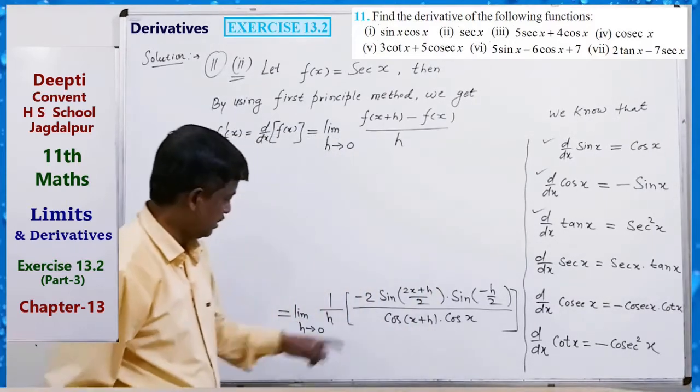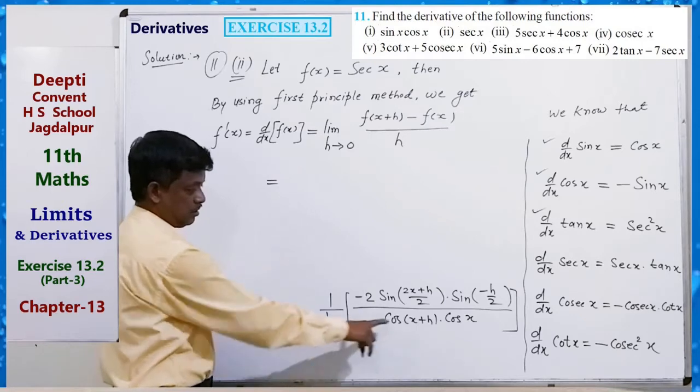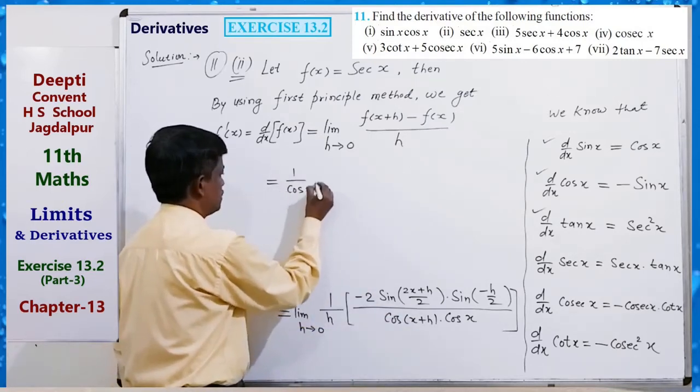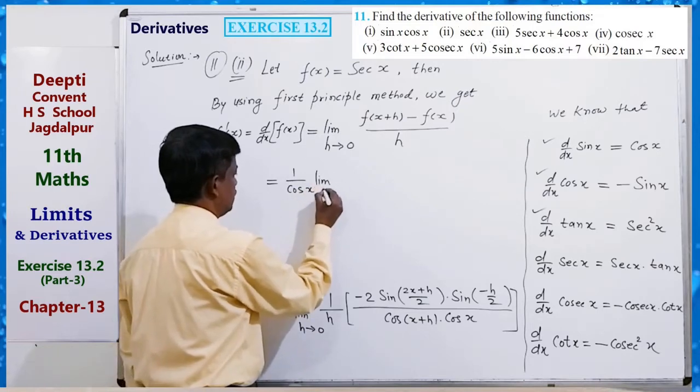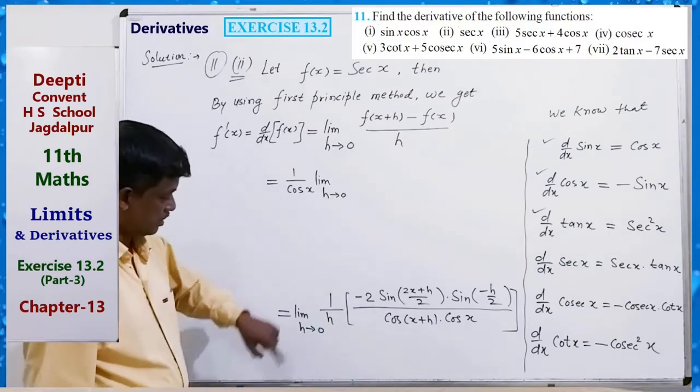Just after this line, we are writing here now. Here, cos x, 1 upon cos x. Now limit h tending to 0. 1 by cos x can be taken outside. Okay.